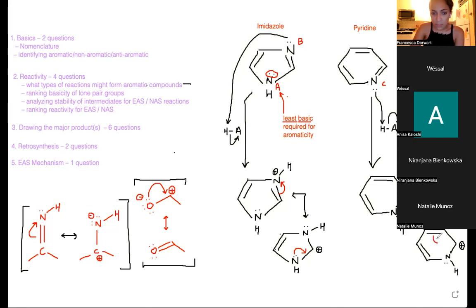I could also move this via an allylic carbocation. So let's take a look at this one. I think Anissa has got it, but let's take a look. Versus here.